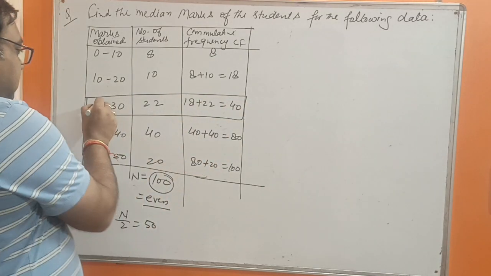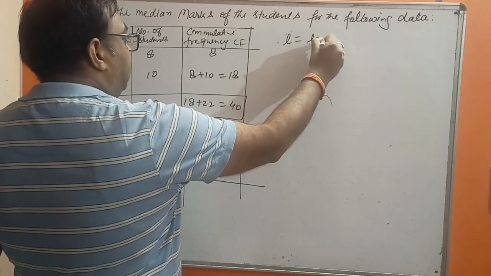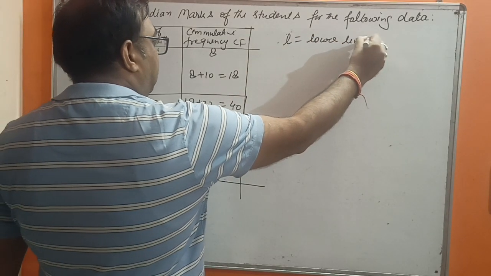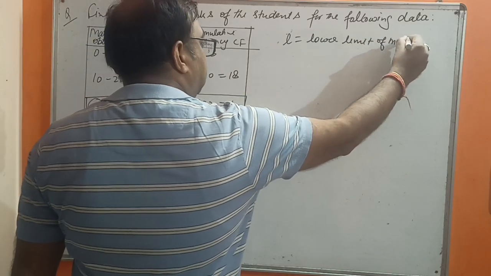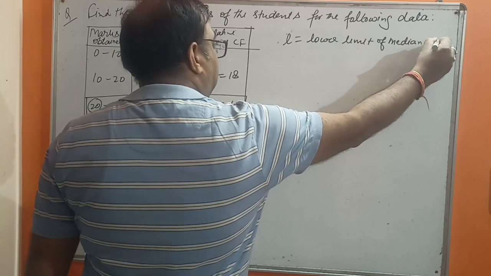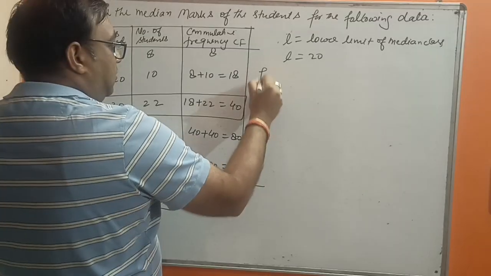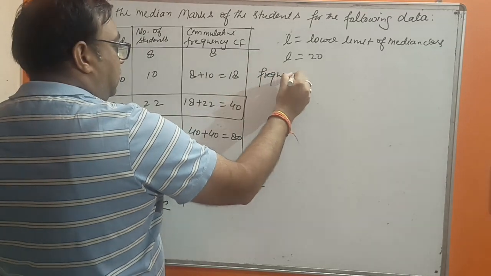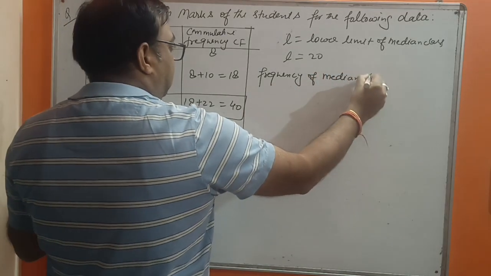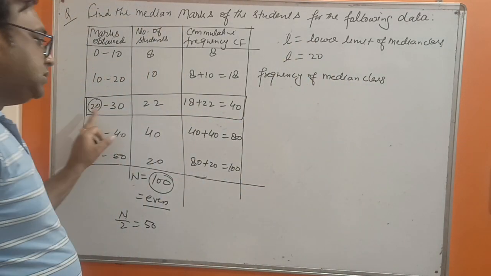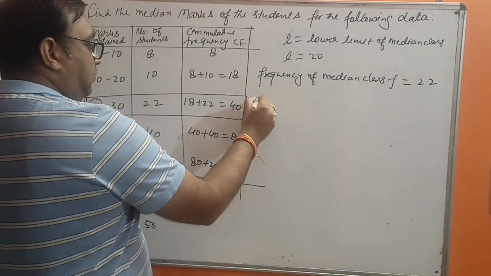In this particular case, small l is the lower limit of the median class, and the median class lower limit is 20. The frequency of the median class, f, is equal to 22.